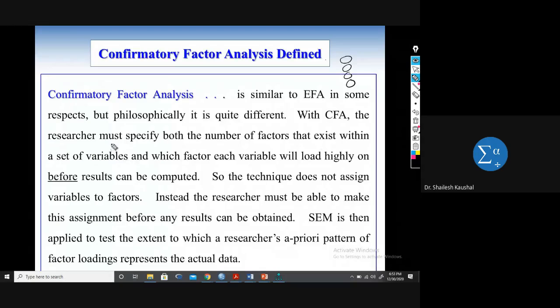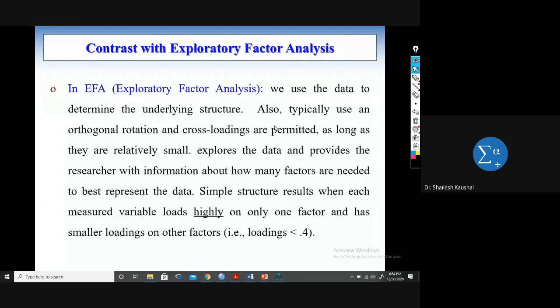So the researcher basically specifies, but this technique does not assign variables to factors. Instead, the researcher must be able to make this assignment before any results are obtained. It means the researcher's a priori pattern of factor loadings represents the actual data. We decide in advance which questions we should take in a particular factor.